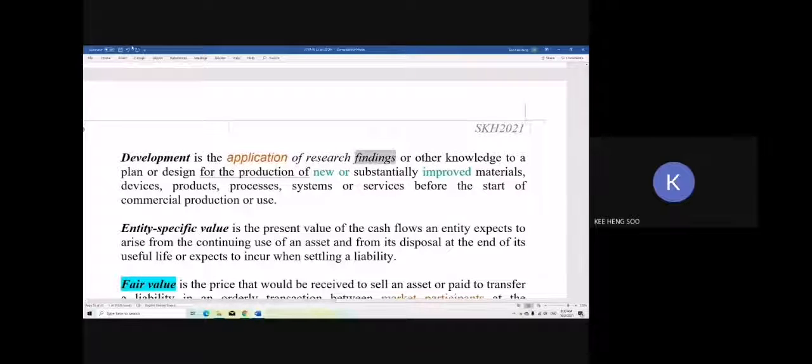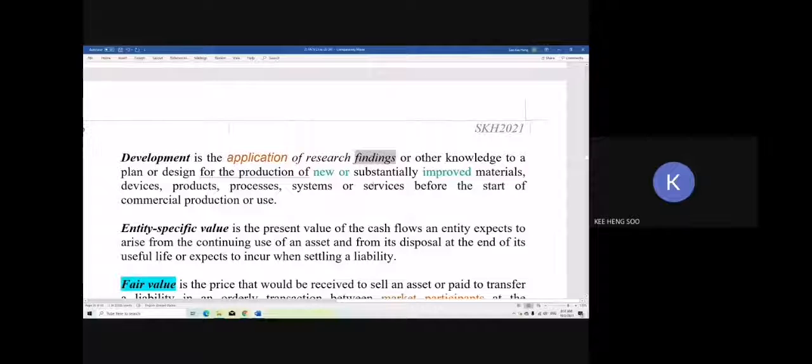The result comes out from the study. You already got the result, you apply it and come up with a new product. Or if there's no new product, improve the material, improve the product. Clear? So this is called the development stage.